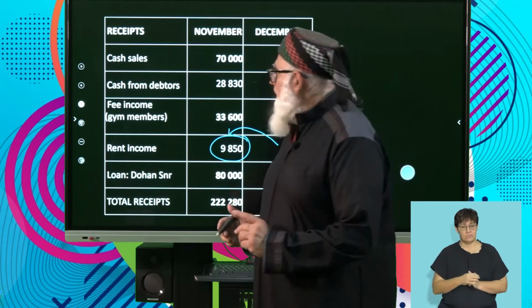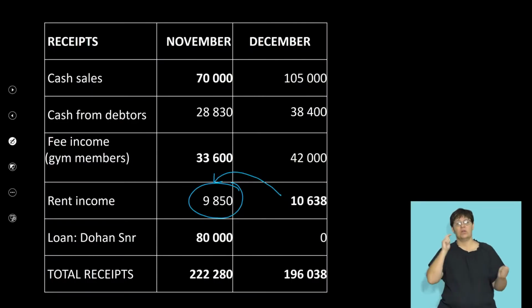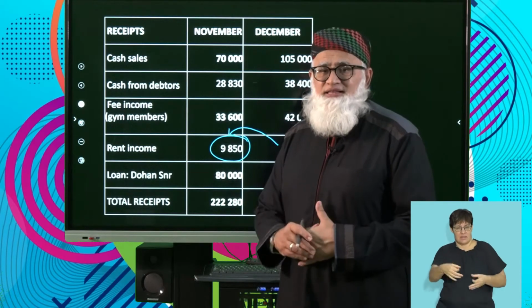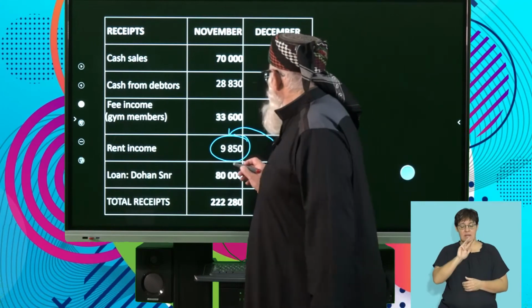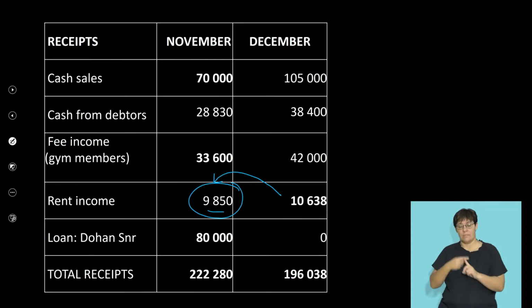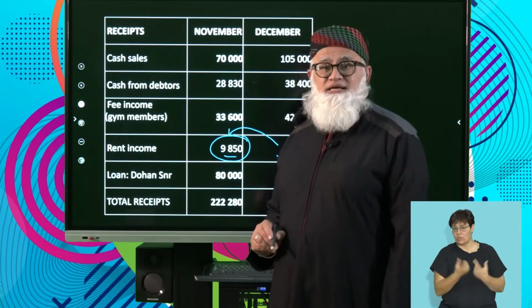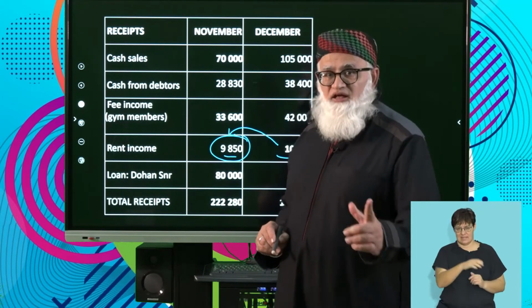Right? While we're at it, let's just amend the question as we go along, because these are the types of questions that examiners ask in the accounting paper. If you were given the 9850 and the 10638, and you were then asked to calculate the percentage increase in your rental, how would you do that? Very simple.